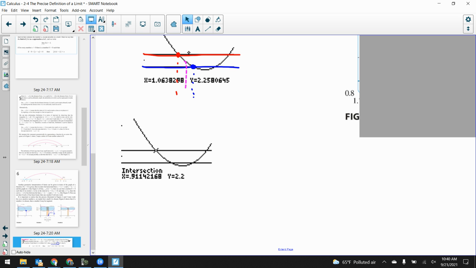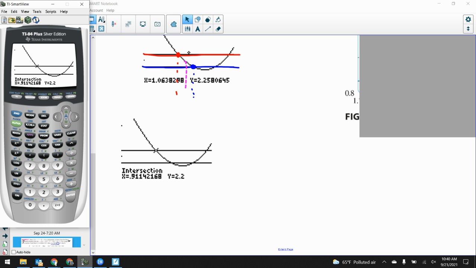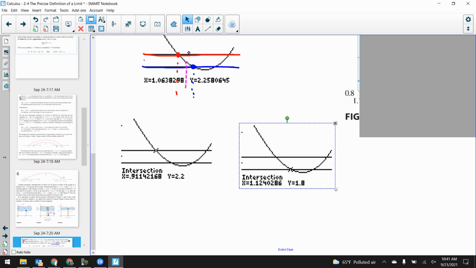My second intersection point, second calculate, intersect. First curve, enter. Second curve, good. I'm on my bottom line now. 1.12. Do you notice how my 1 is in between the x values that I found here? That should always be the case. If it isn't, then something's wrong.